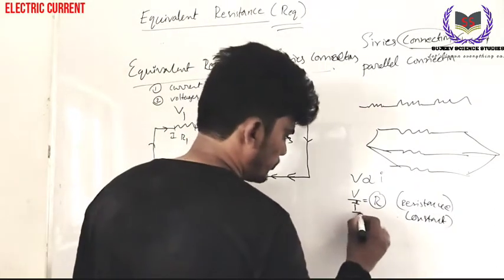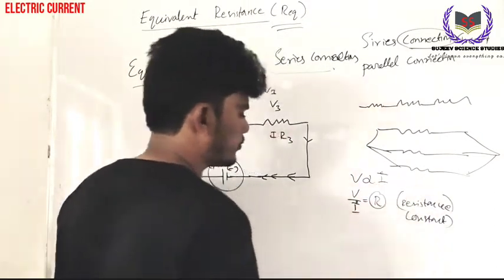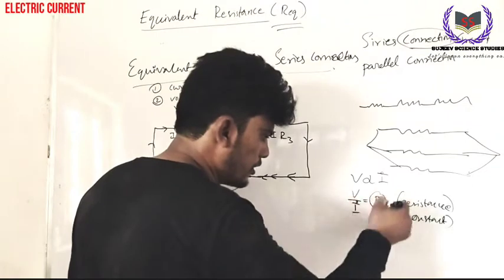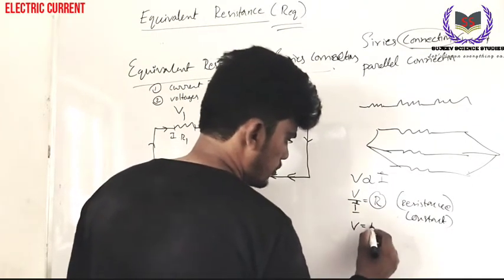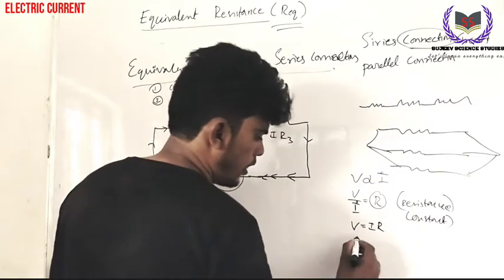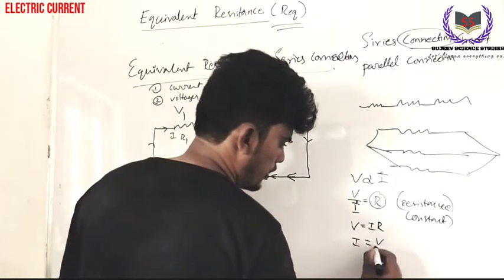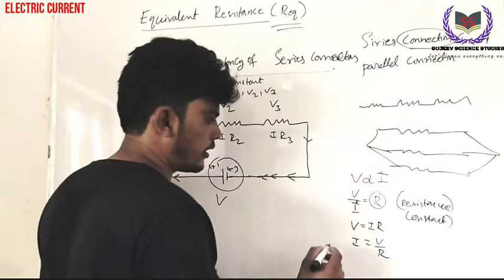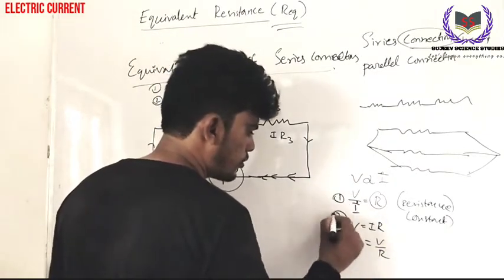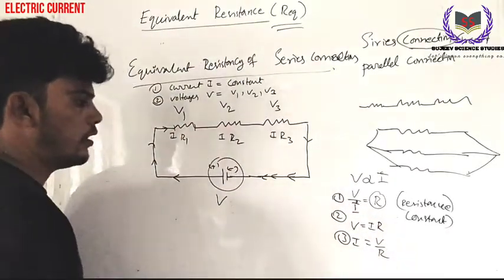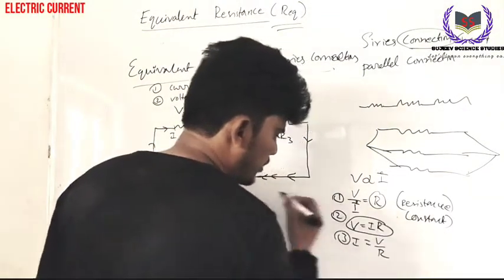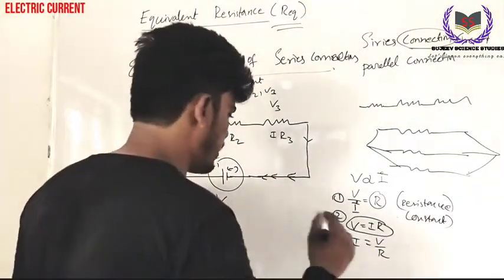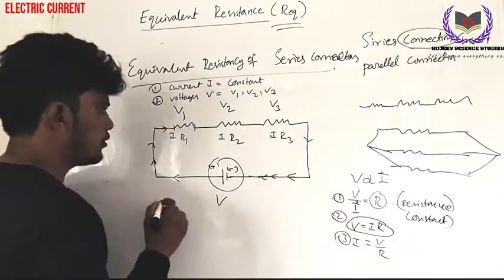From this, we can modify the formula as V equals IR, and I equals V by R. So these are the three formulas: formula 1, formula 2, and formula 3. Here I am taking the formula V equals IR from formula 2.